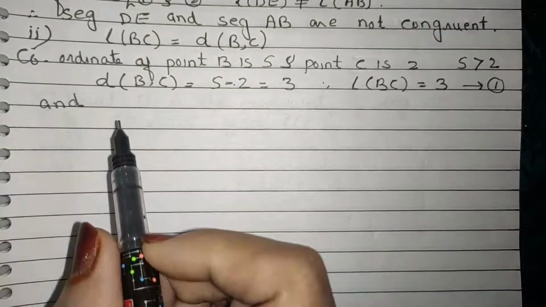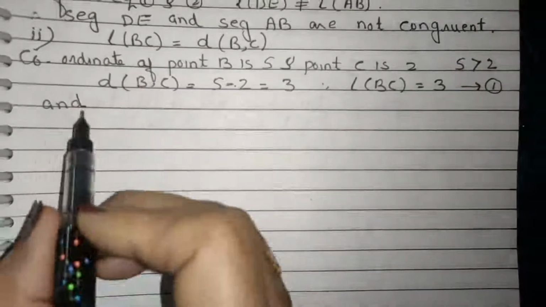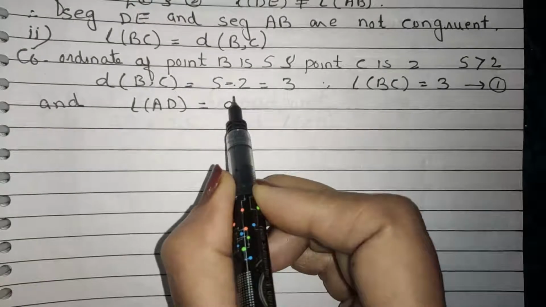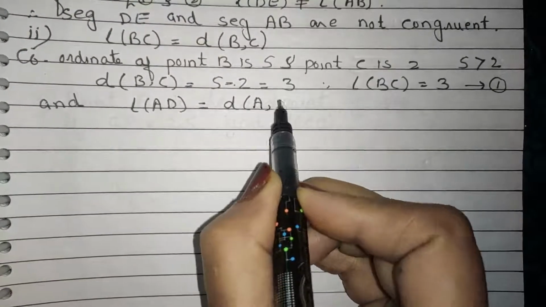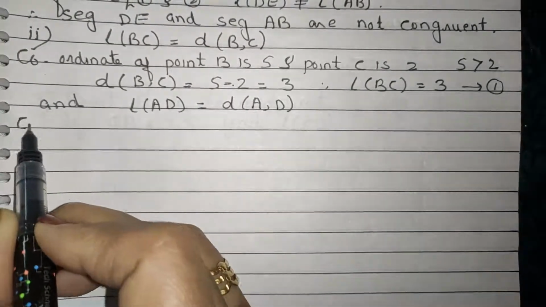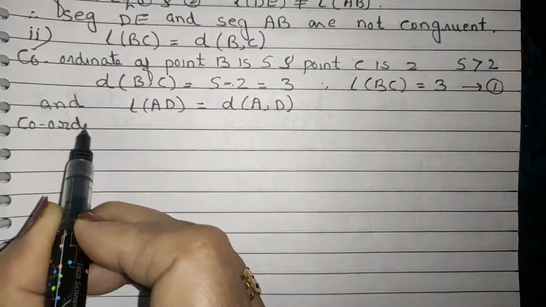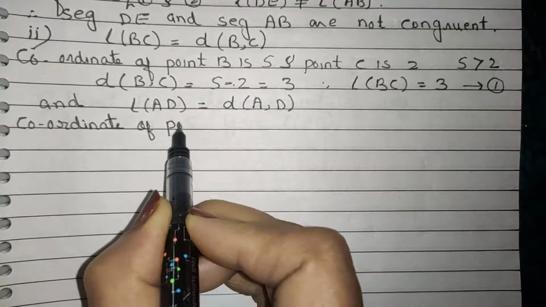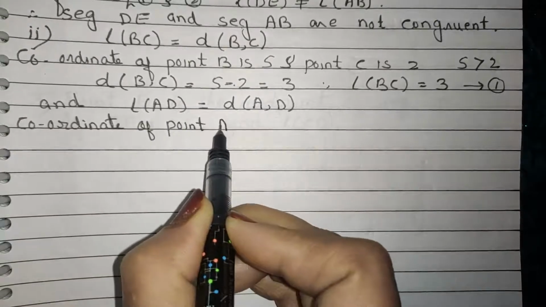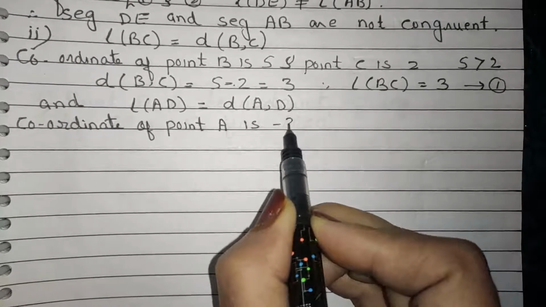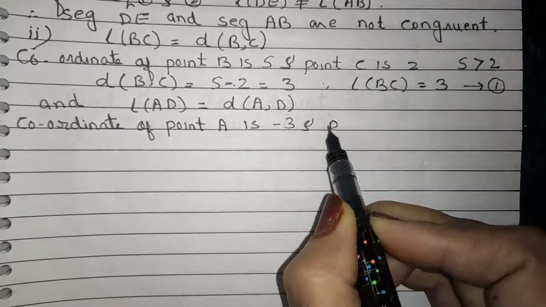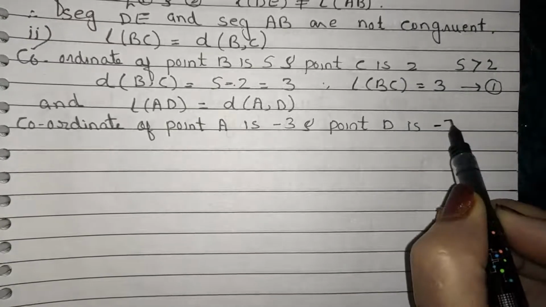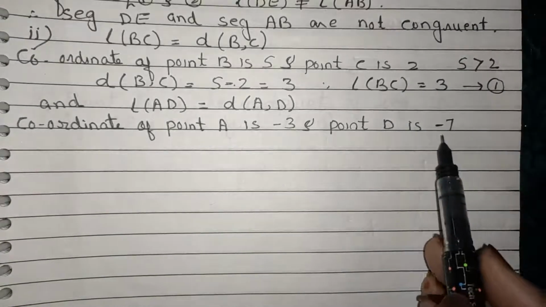And next one is length AD. Length AD is equal to distance between points A and D. Now here coordinate of point A is -3 and point D is -7. Now look here, -3 and -7.